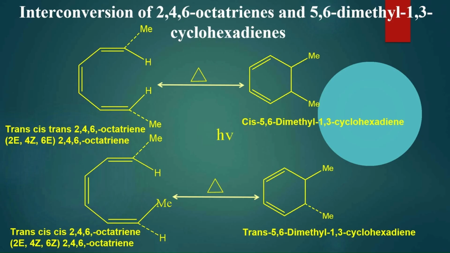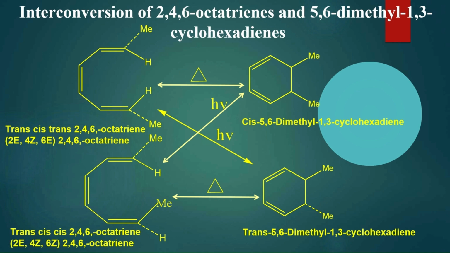Similarly, when I take trans-cis-trans octatriene and induce it photochemically, I'll get the trans derivative. Similarly, if I take trans-cis-cis 2,4,6-octatriene and induce it photochemically, I'll get the cis derivative.